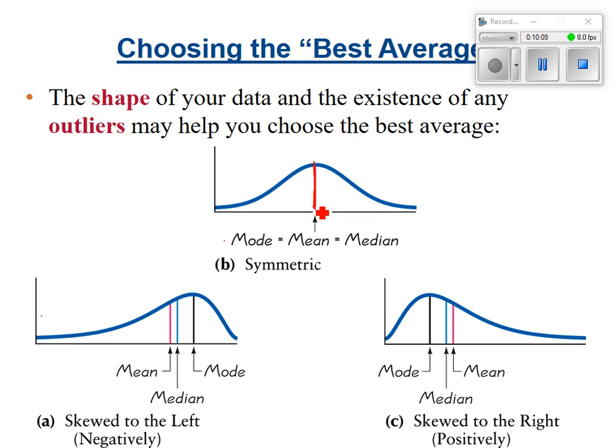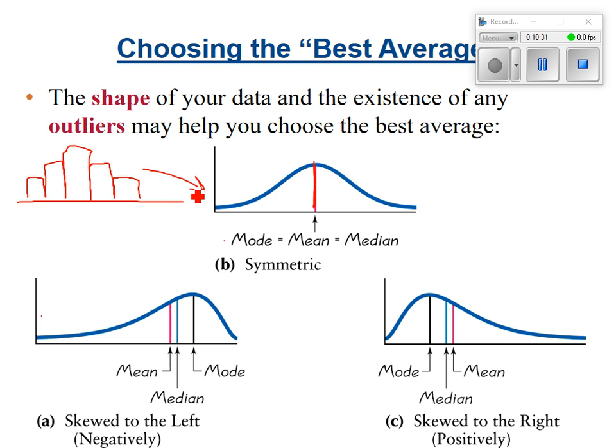Symmetric, if we were doing a bar graph, I'm gonna add actually a few to this. If we made a histogram or a bar graph for symmetric, it would look like this. If I could draw one. So that's symmetric, something like that, where it just has that curve to it.